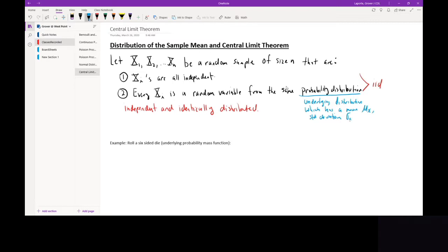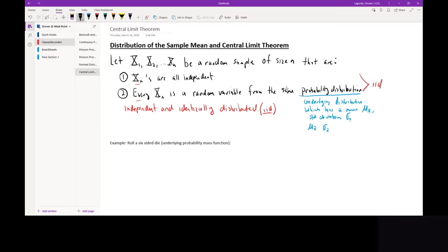I'm just using these little sub x's to differentiate between the underlying probability distribution and the distribution of the sample mean. Soon we'll be looking for what is mu of x bar and sigma of x bar. So that's how we'll differentiate between the two. Let me put this IID next to that, because that's in general what you'll see. IID is saying that these two things are happening.